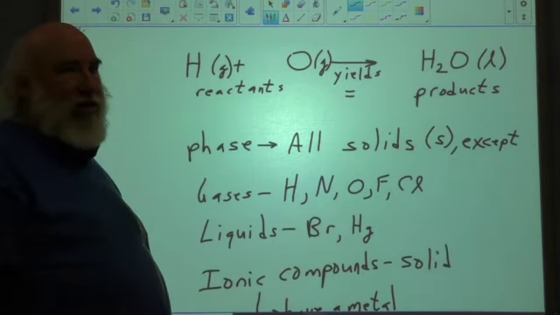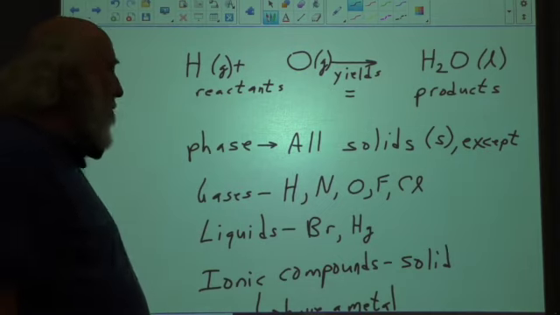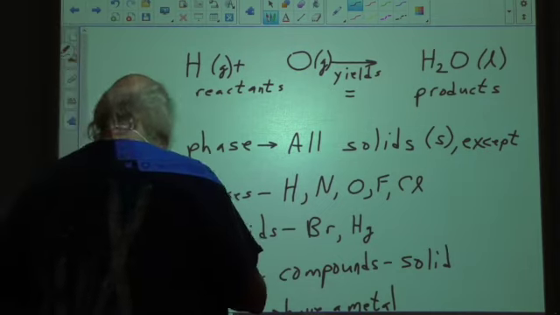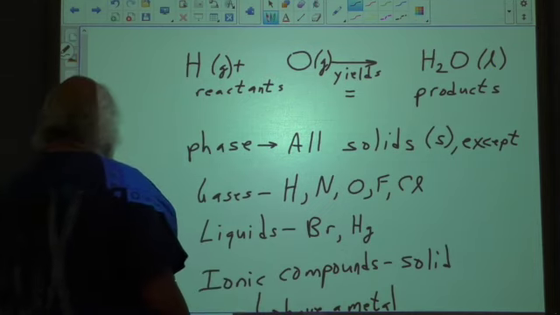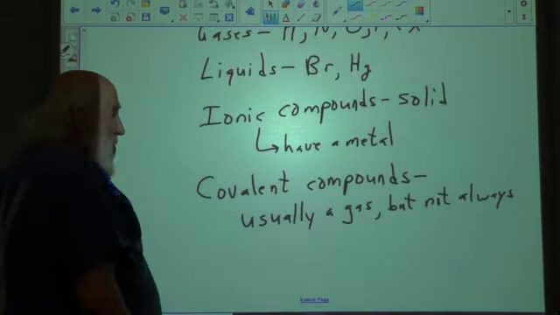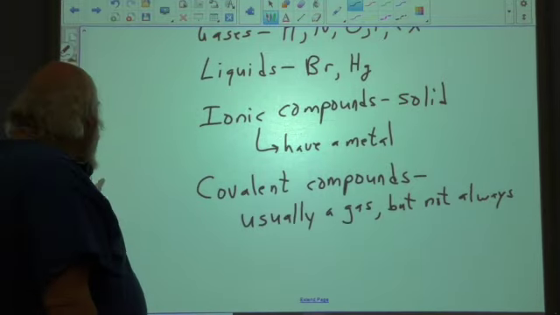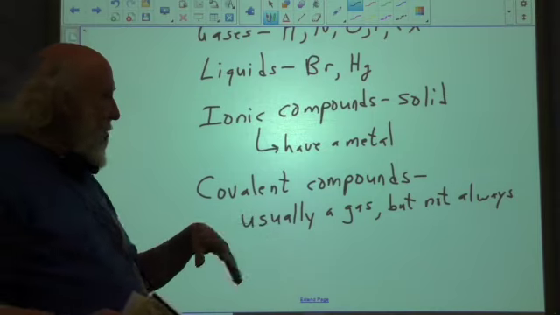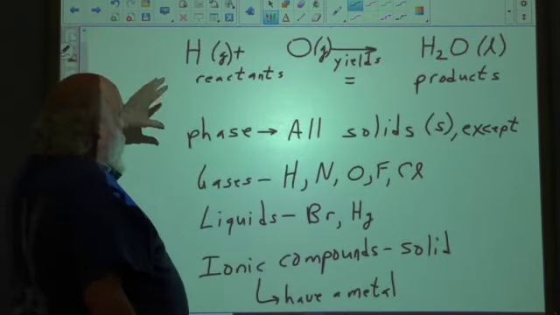It comes out as steam, but then it cools down and condenses into liquid water. Okay? So that's how you determine your phases. And we'll do a couple of examples as we go through, but this is one example right here. But we're not done. So now, that's just the first thing we have to check. We have to check for phase.